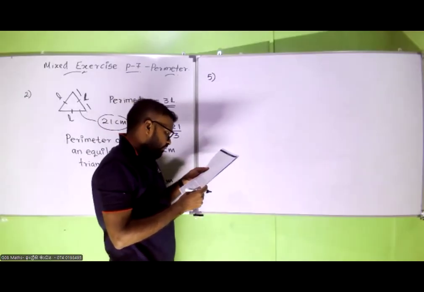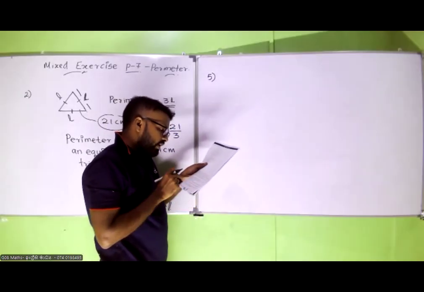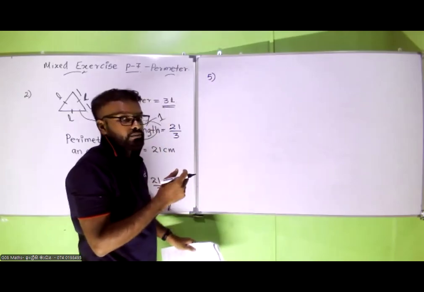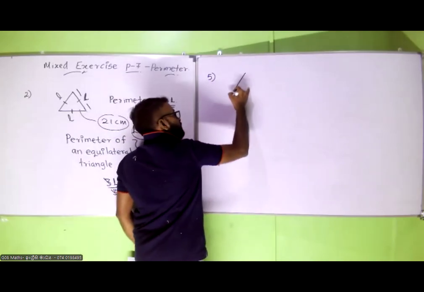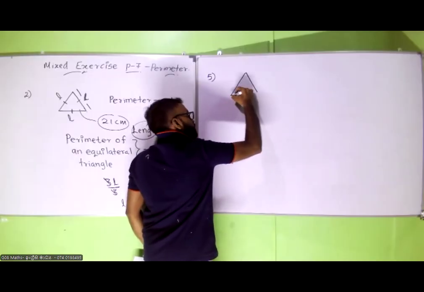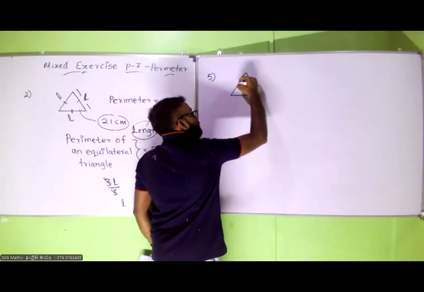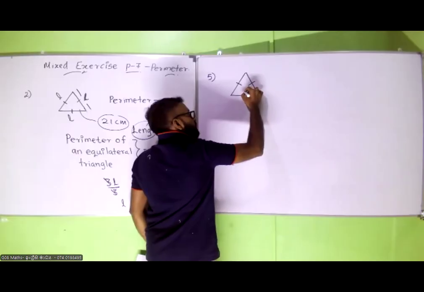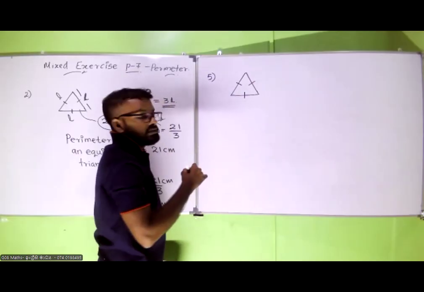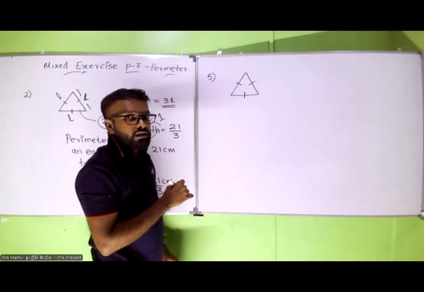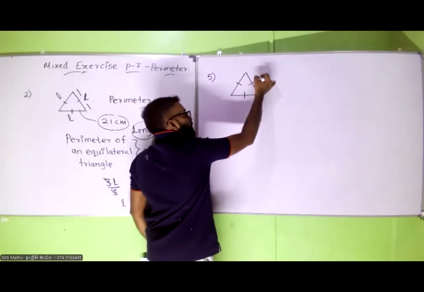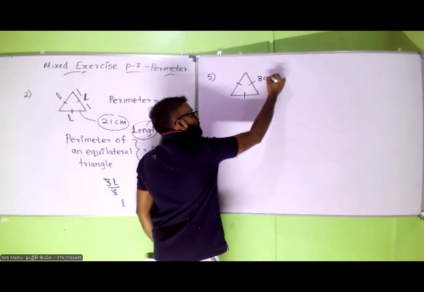The length of one side of an equilateral triangle is 8 centimeters. All lengths are equal in an equilateral triangle. So one side is 8 centimeters.